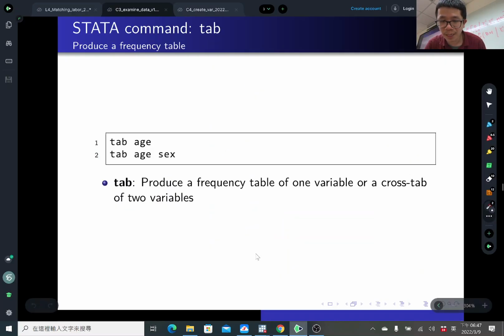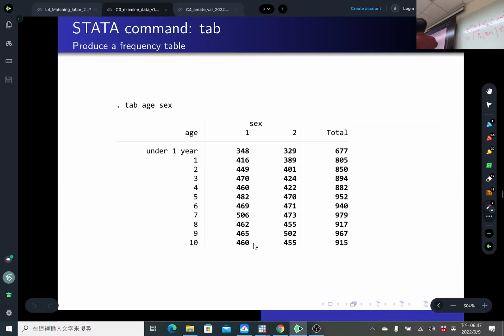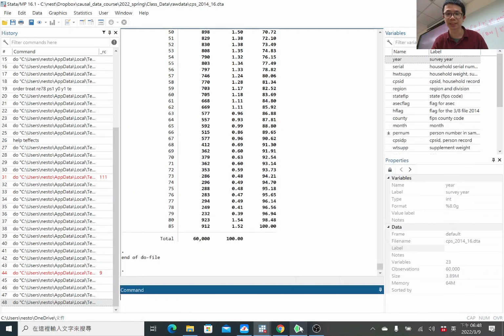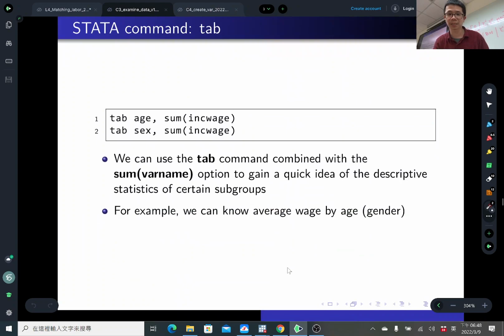Okay. And if you type 2 variables, that will give you their interaction. So the result looks like this. At age 1, if you are male, how many observations? At age 2, age 1, if they are female, how many observations? Okay. And tab can combine with summarize.